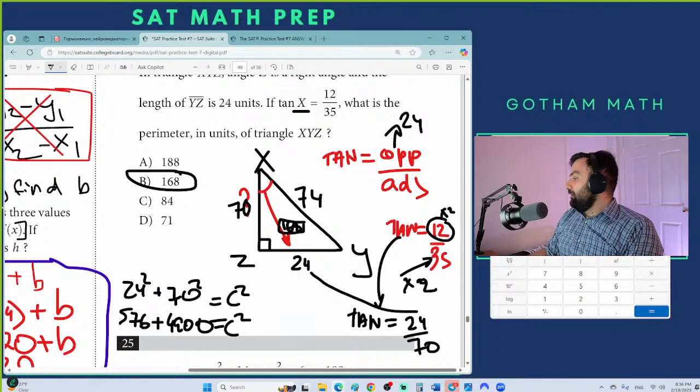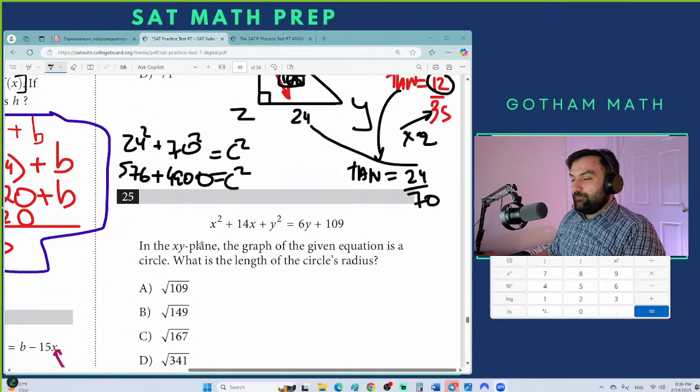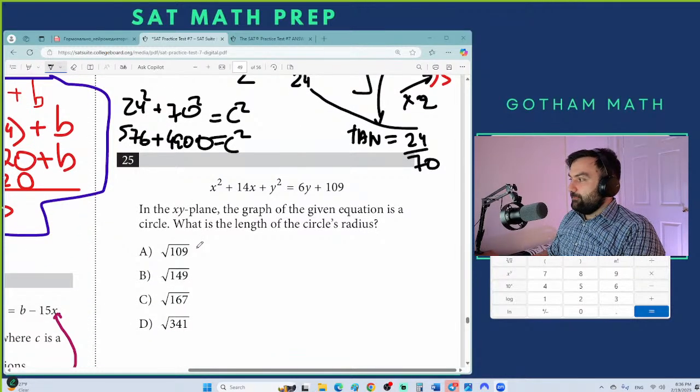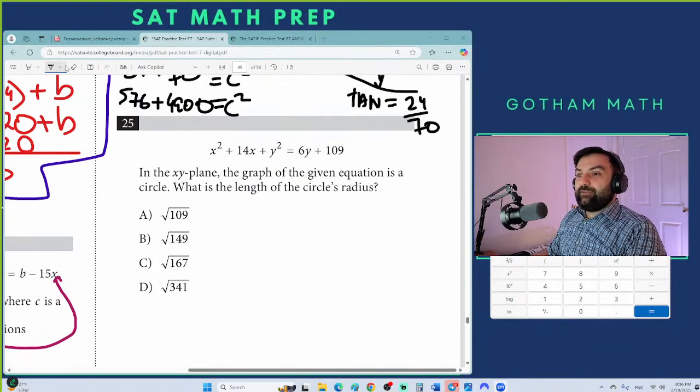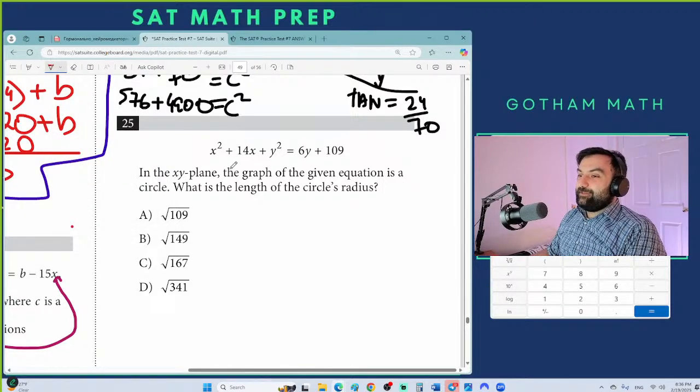Okay, we're moving on into question number 25. All right. Again, this is already question number 25, but I'm seeing what I'm seeing.